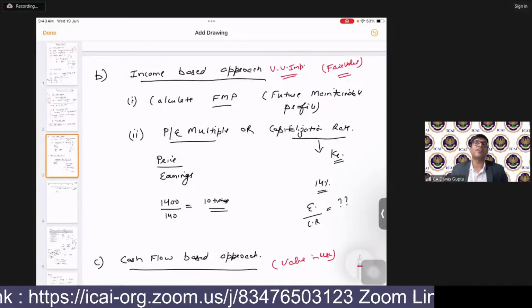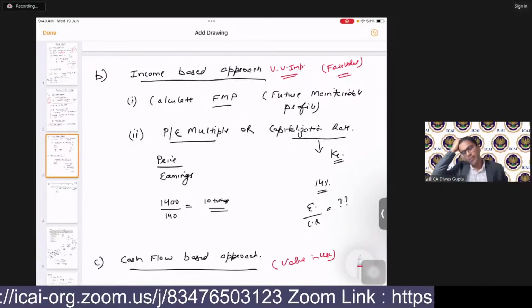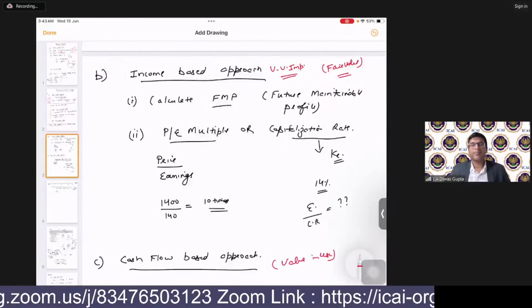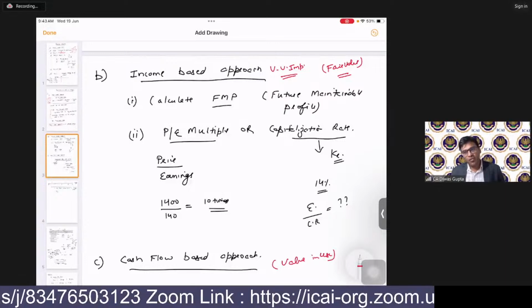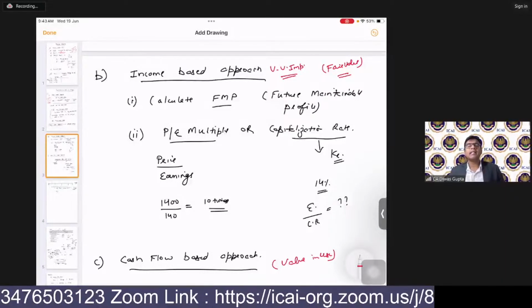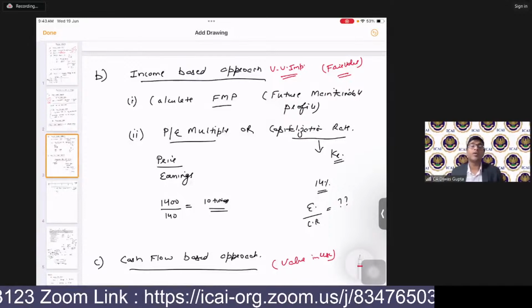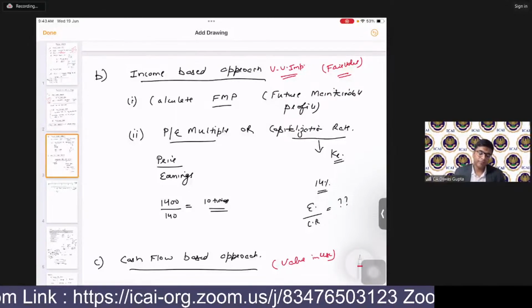Future maintainable profit is something that you expect in future to occur in the normal course, and any growth in that, right? So what you do, you take your historical numbers, adjust for any abnormalities, and see whether from a future maintainable profit perspective it is looking good. So that is called FMP.